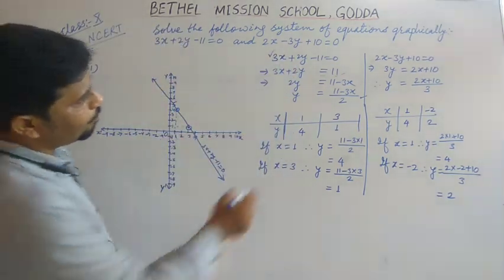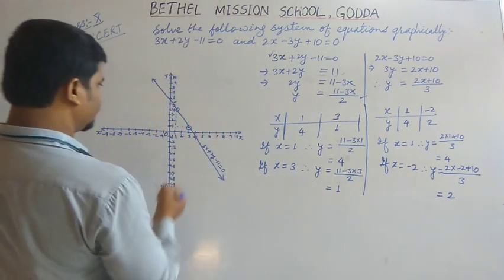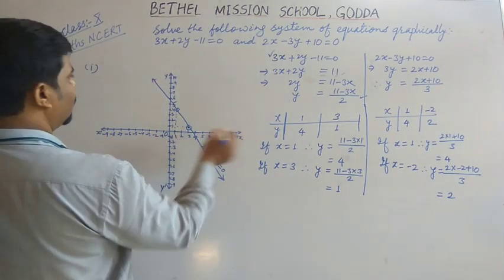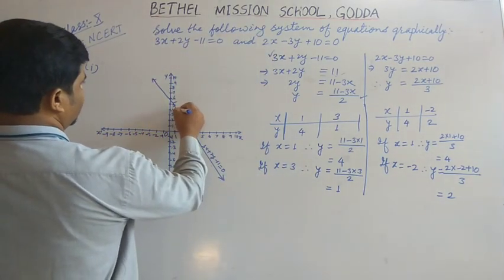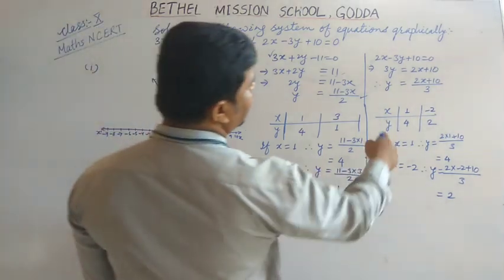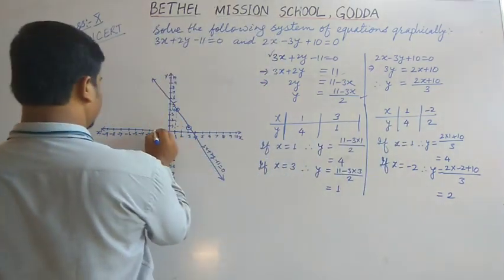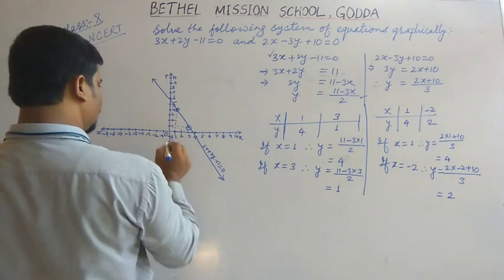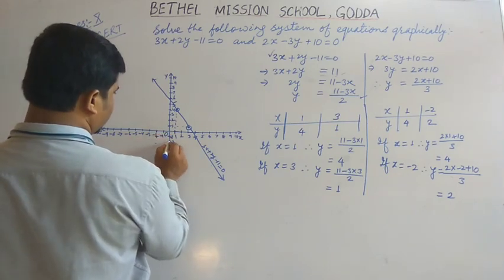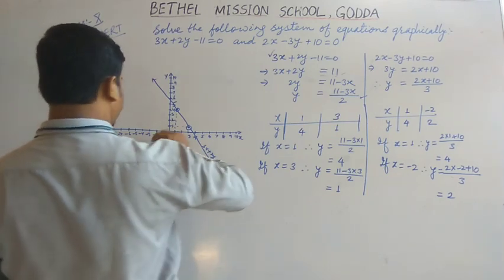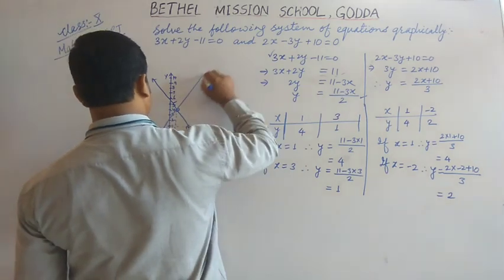Another, if x equal to 1, then y equal to 4. So this is the same point. And if x equal to minus 2, then y equal to 2. So it will come on this side. This is the point, and from here you will draw the line.